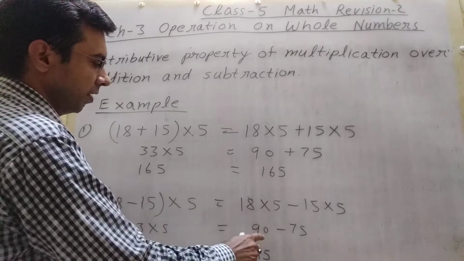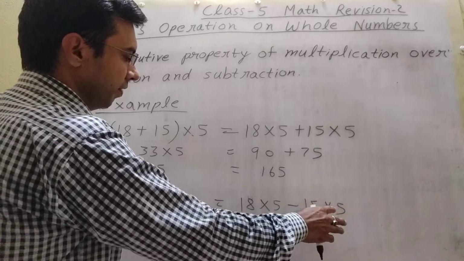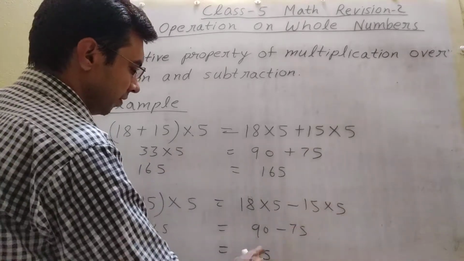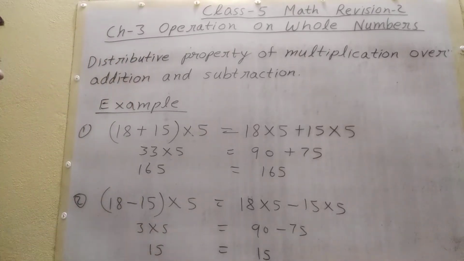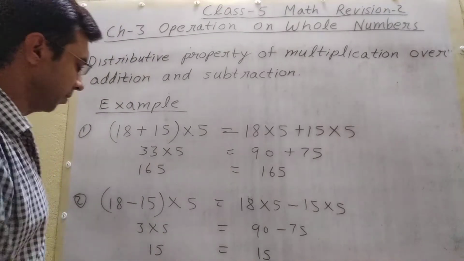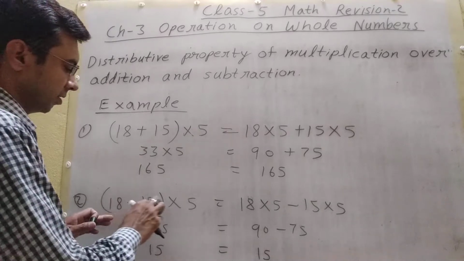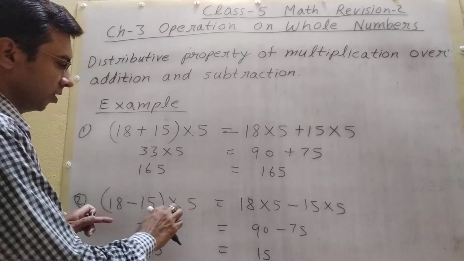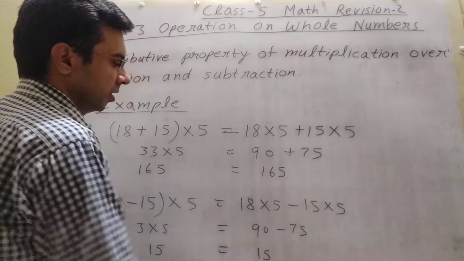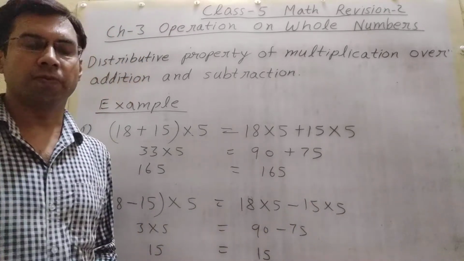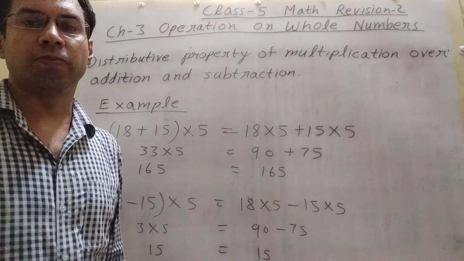Here 18, 5, 90. 15, 5, 75. 90 minus 75, 15. 3 multiply 5, 15. Both sides answers are same. When we convert this type of question into this process, we solve it in this process, then it is called distributive property.